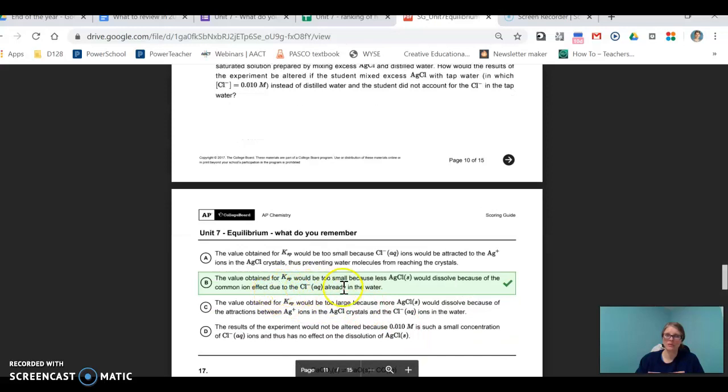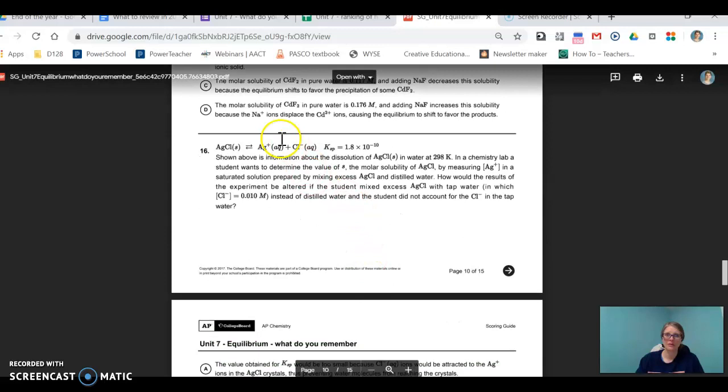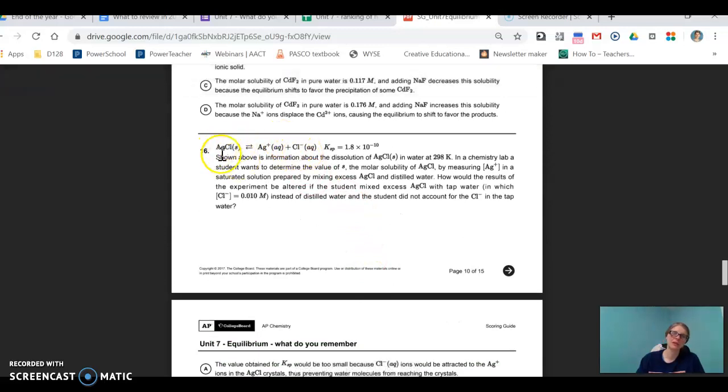My KSP would be too small because there would be fewer Ag ions in the solution because the Cl has shifted it towards making more reactants. Shifting to make more reactants would mean I have fewer Ag ions. Fewer Ag ions, when I calculate my KSP, would mean my KSP would be lower because the number I would get from my Ag out of this lab procedure would be less than it normally should be.